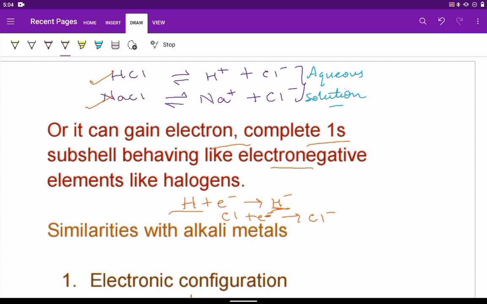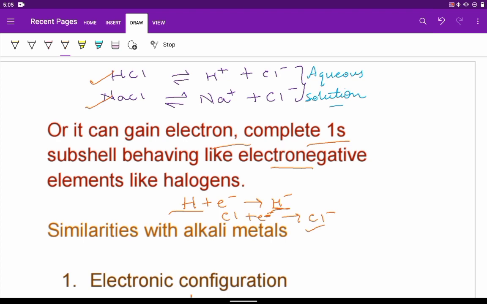Chlorine also can gain one electron to form the Cl- anion. So in this particular characteristic feature, it behaves like the halogens. So hydrogen can gain an electron, it completes its 1s subshell, and it behaves like an electronegative element just like halogens.